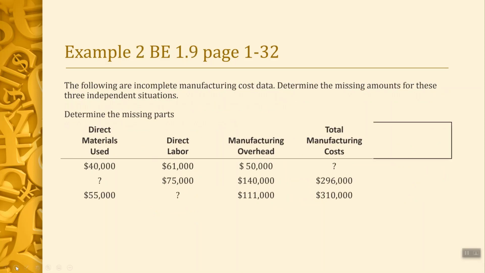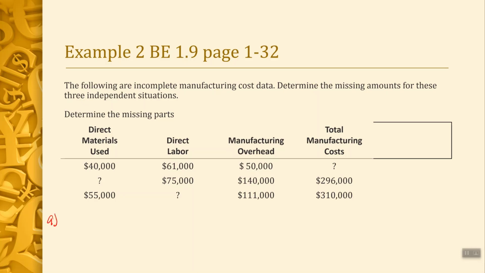In our second example, it says the following are incomplete manufacturing cost data. Determine the missing amount for these three independent situations. Okay, so just like I was saying in the previous slides, in this case, we were told to find the total manufacturing cost. So it's just as the formula is.